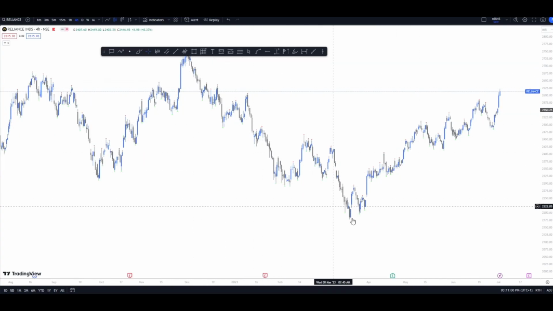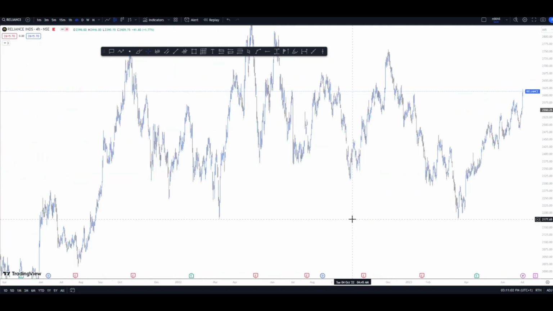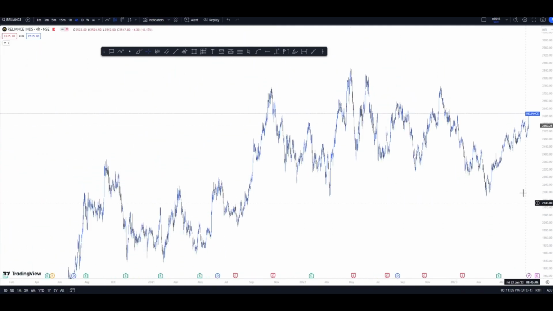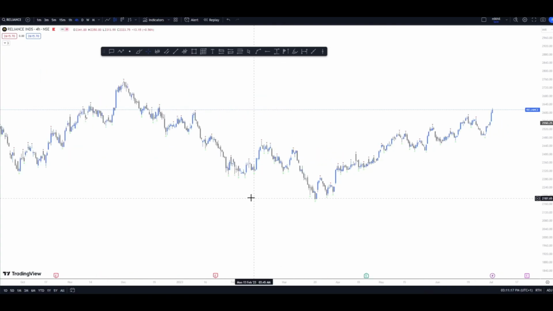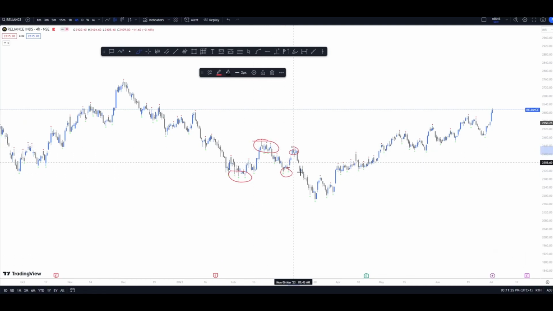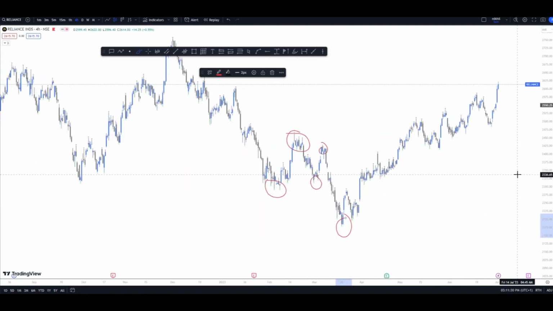What is happening here on the left? Downtrend, right? The prices are making lower highs and lower lows: lower low, lower high, lower low, lower high, and this was the last lower low.